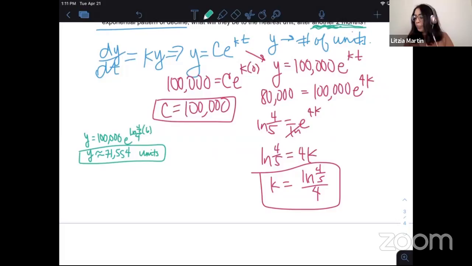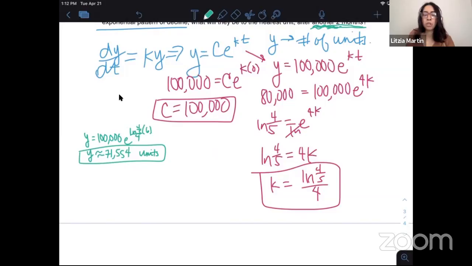So those are just a few examples of where this rate of growth and decay can be applied in real life. There's a whole lot of different situations where we have that kind of direct proportionality and rate of growth and decay, which we'll see some more examples.